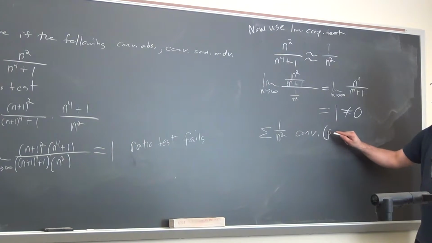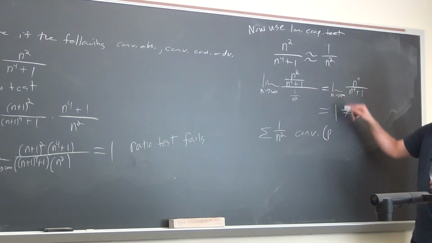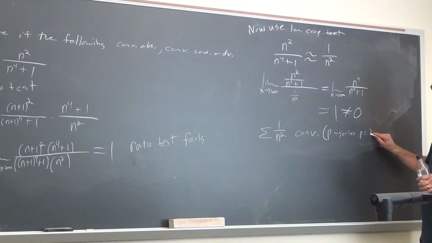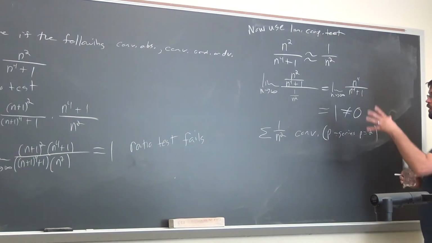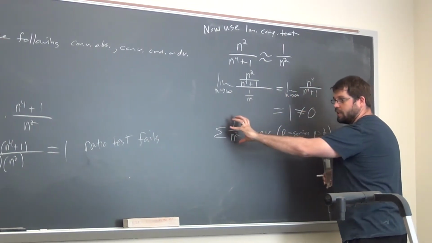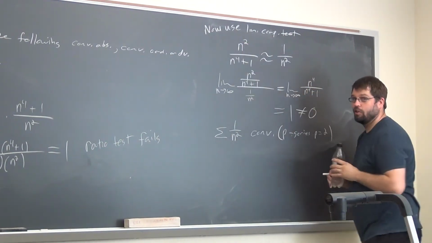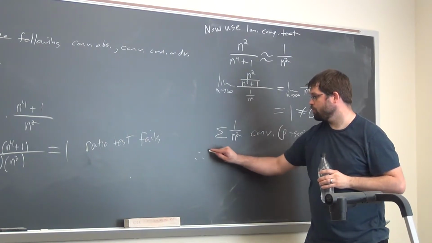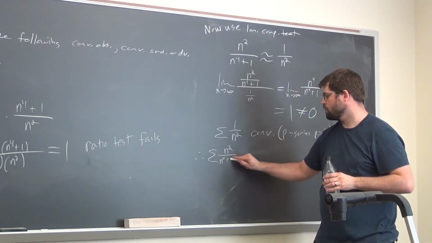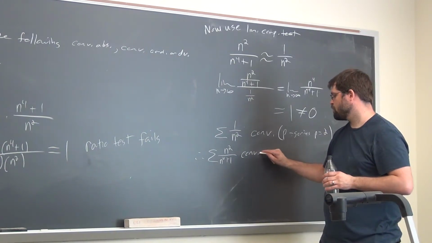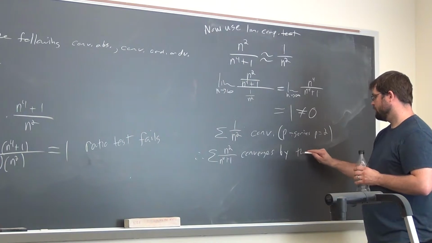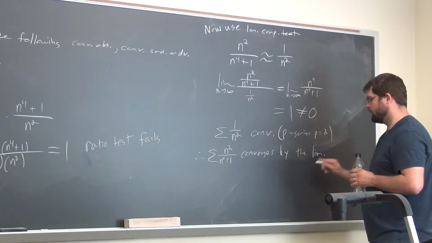It's a p-series with p equal to 2, which is greater than 1. And so now, with a non-zero limit of the ratios, this one converges means that one converges as well. Therefore, the series we were interested in converges by the limit comparison test.